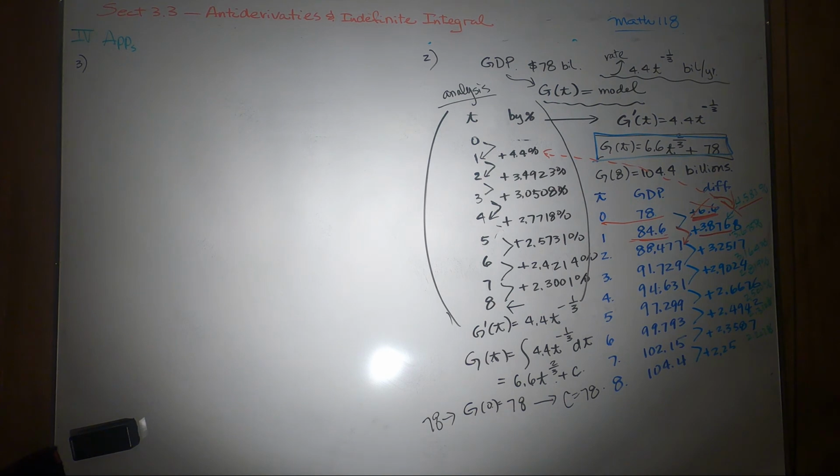An influenza epidemic hits a large city and spreads at the rate of 12 times e to the 0.2t power new cases per day, where t is the number of days since the epidemic began.